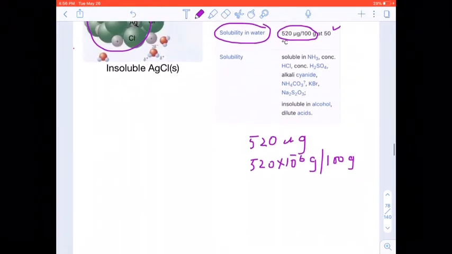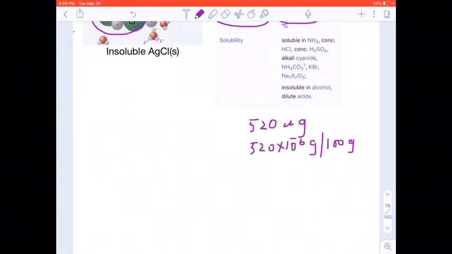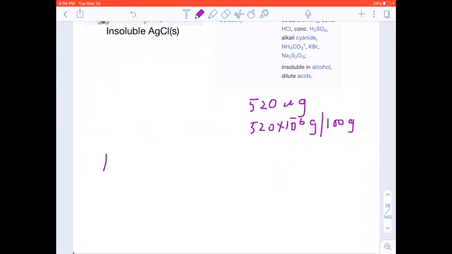Now, in this particular case, you don't have ions in solution. So if we write this now, AgCl solid, and if we add water to it, what happens?